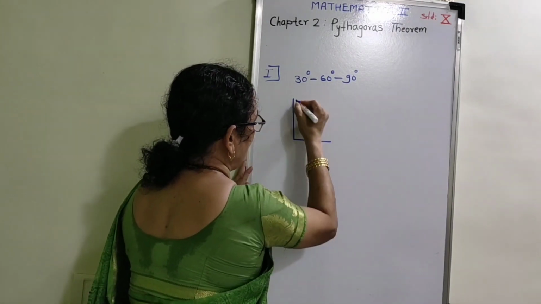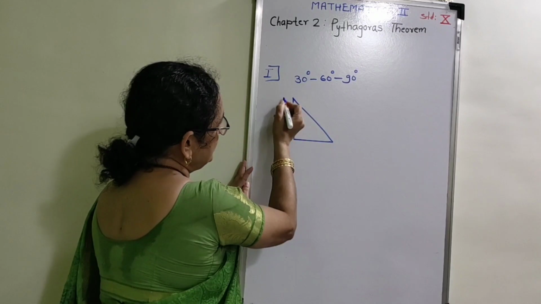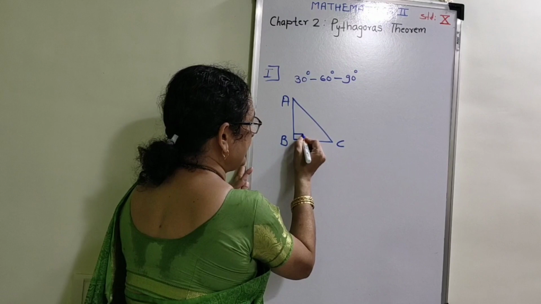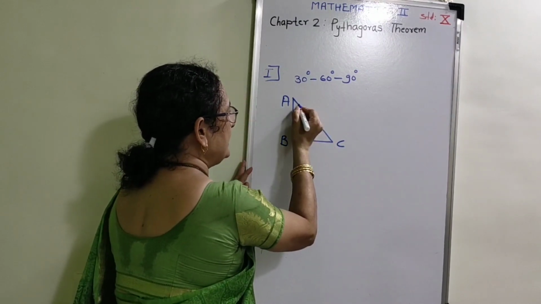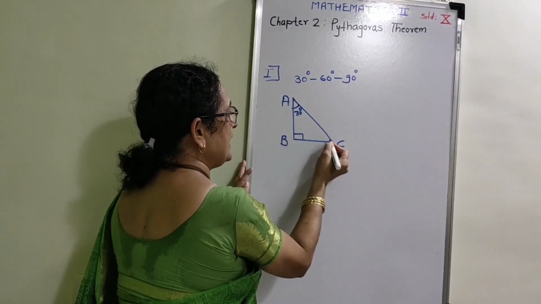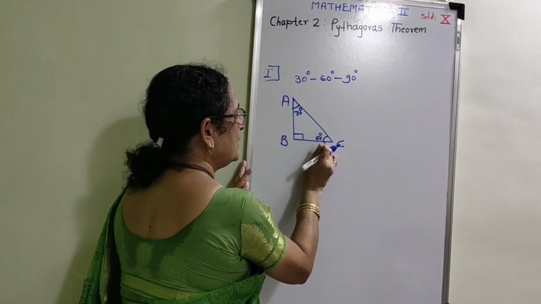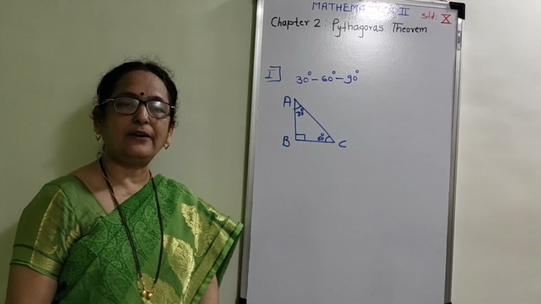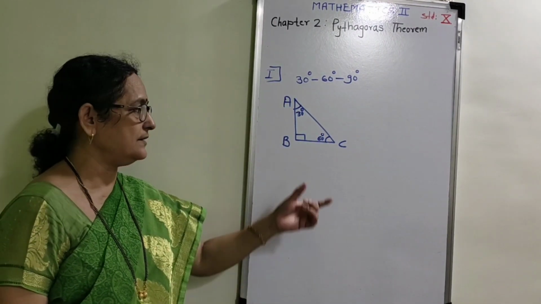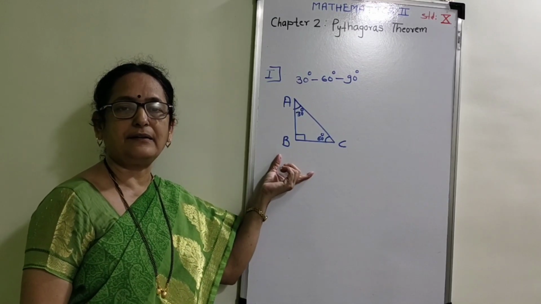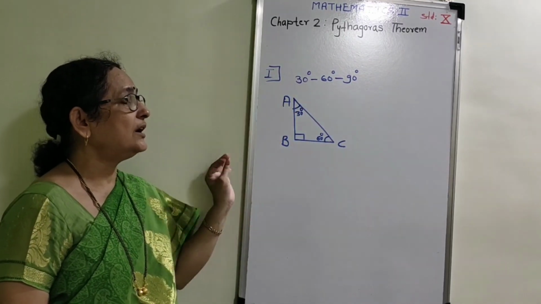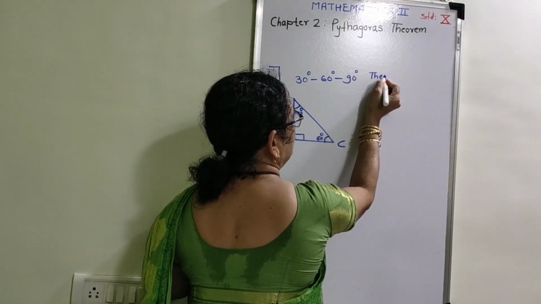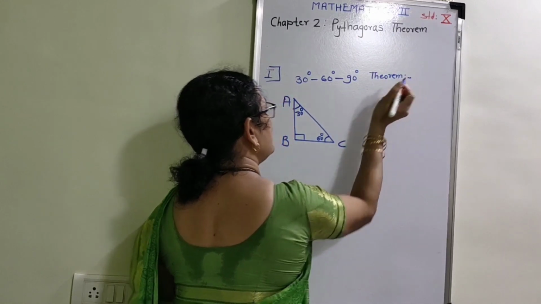I am going to take one figure, suppose this is triangle ABC, where angle B is 90 degree, angle A is of 30 degree and angle C is of 60 degree. When in a right angle triangle, these two acute angles are of measure 30 degree and 60 degree, that particular right angle triangle is said to be of the measure 30 degree, 60 degree, 90 degree theorem.